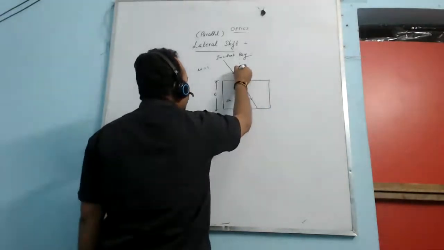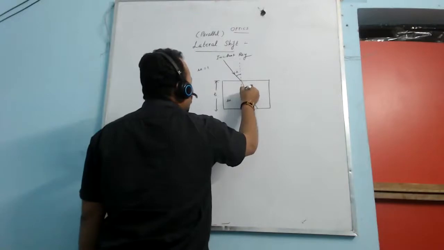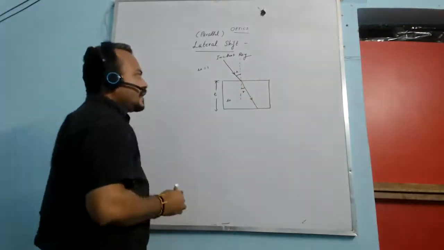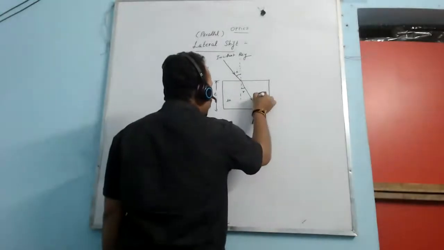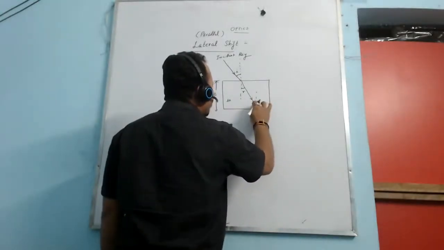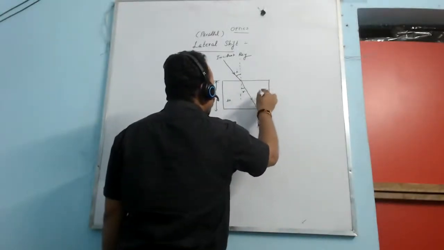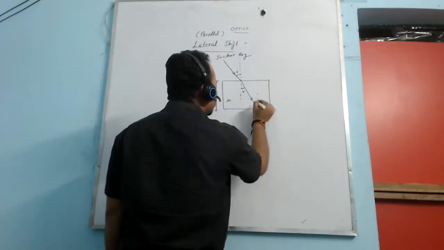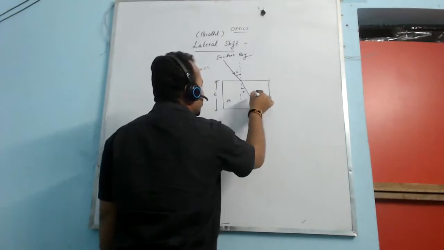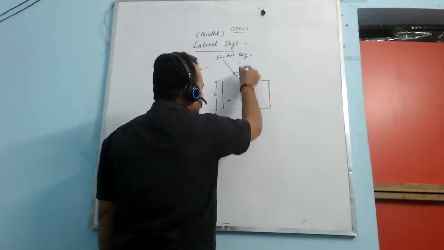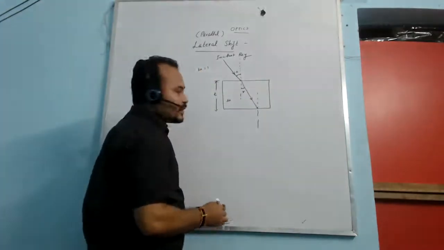Suppose this angle is I, then this angle is called the refracted angle R. Again, here we draw a normal. Here also a refraction takes place. This angle is also R, and these two normals are parallel to each other.